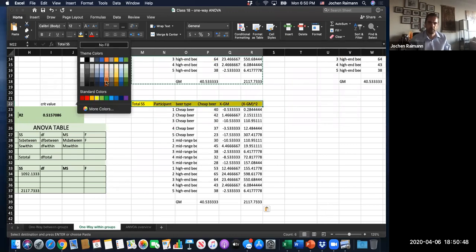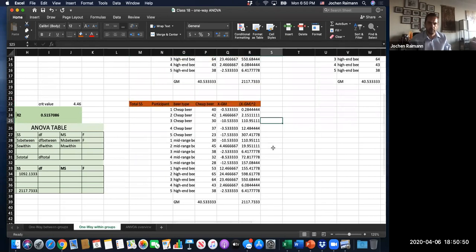We're going to do now another further. We are now doing X. So we're doing subject mean, participant mean. What's the participant mean?